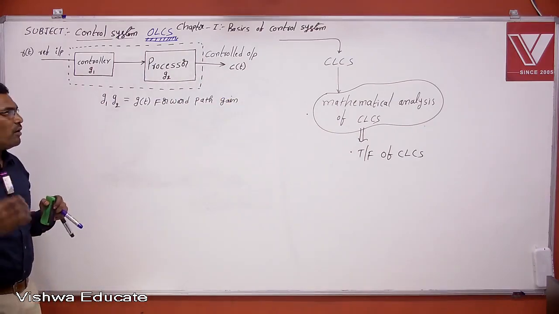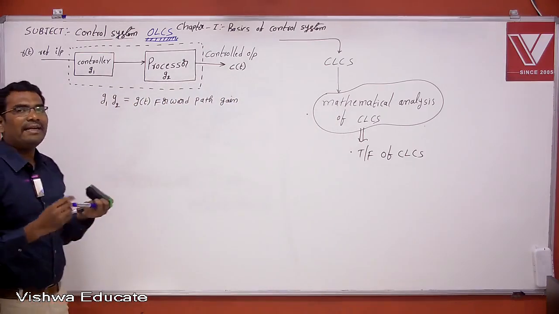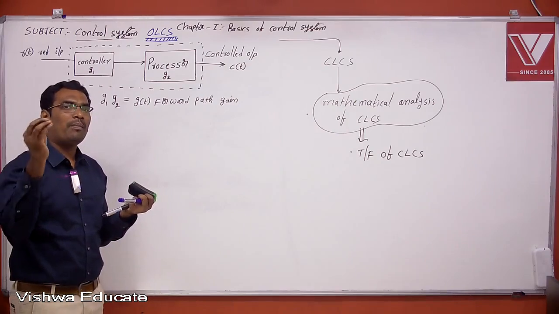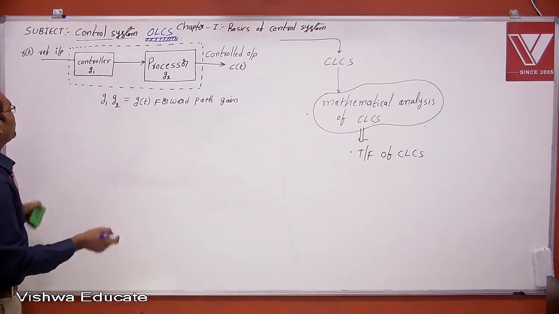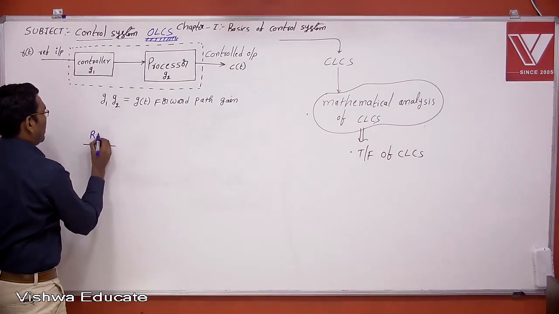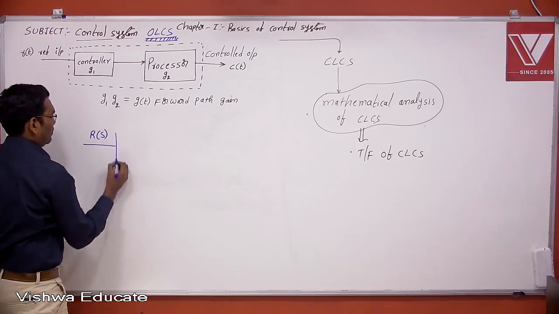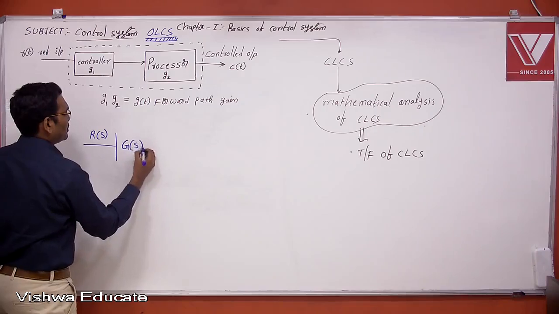Now we want the mathematical analysis of open loop control system. For finding the mathematical analysis, we apply the Laplace transformation. What is the Laplace transformation? Laplace transformation of R of t is R of s. Laplace transformation of G of t is G of s.